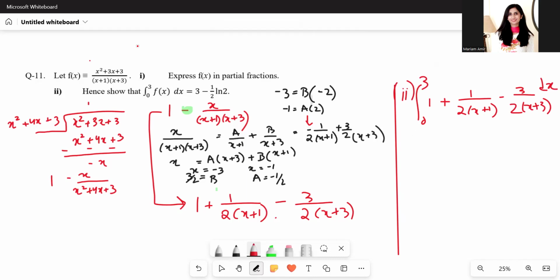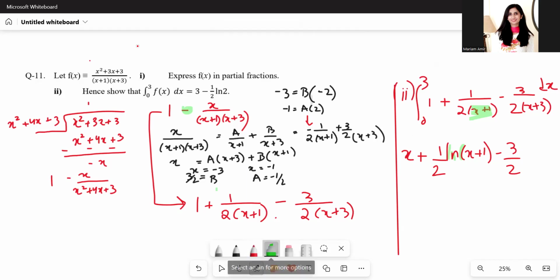Integration of 1 is x, plus, keep half on the side, and integration of 1 upon x plus 1 would be ln(x plus 1), and ignore minus 3 over 2 for now. The coefficients don't get integrated. So minus 3 over 2, now we integrate 1 upon x plus 3, which gives us ln(x plus 3).